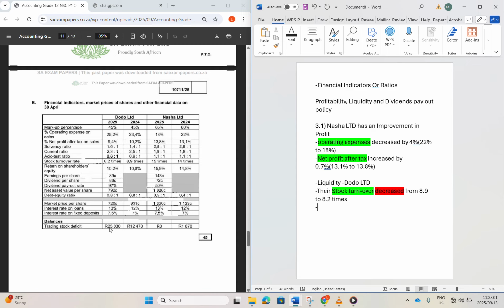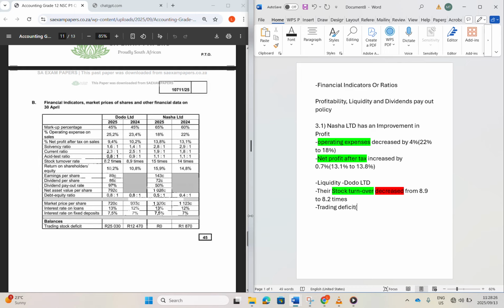We see we have trading stock deficit. Last year we had a deficit. This is like an expense, maybe losses relating to our inventory.